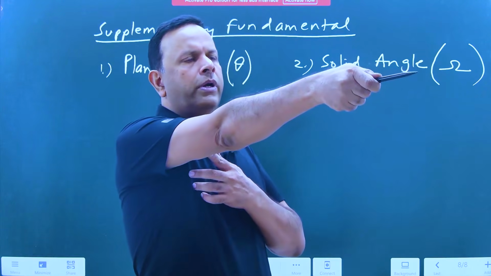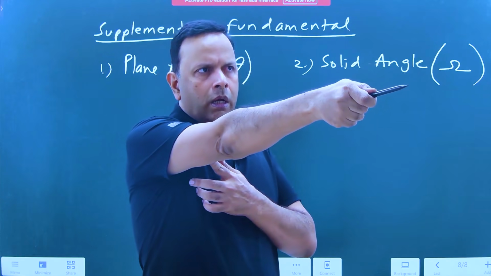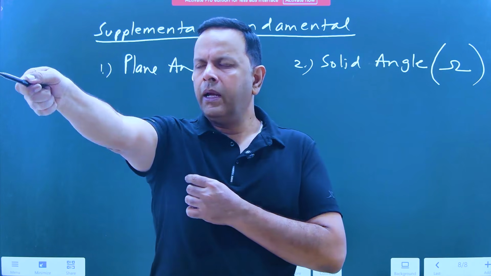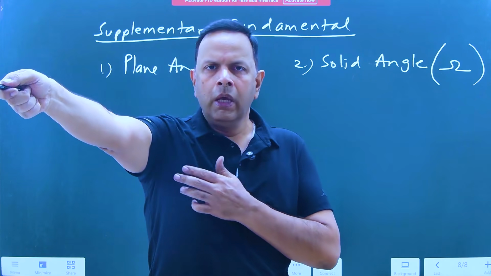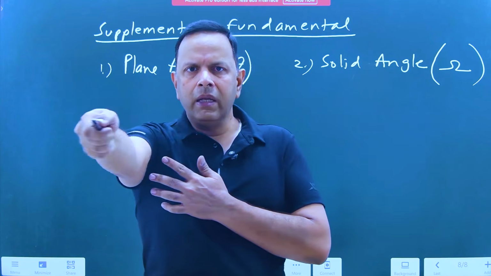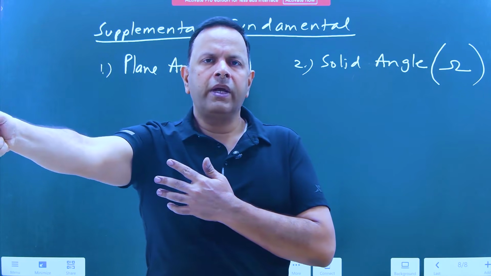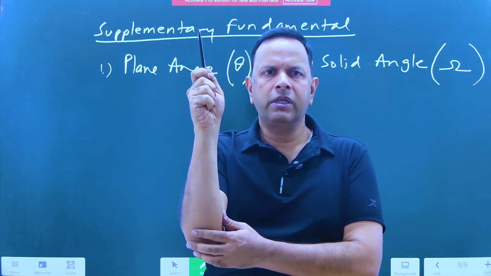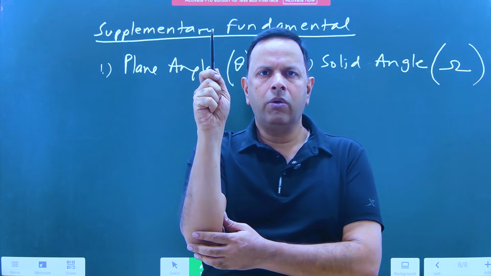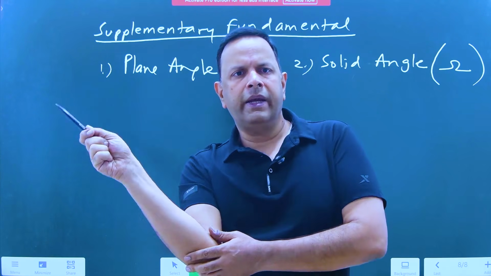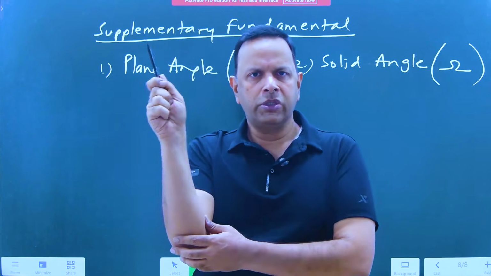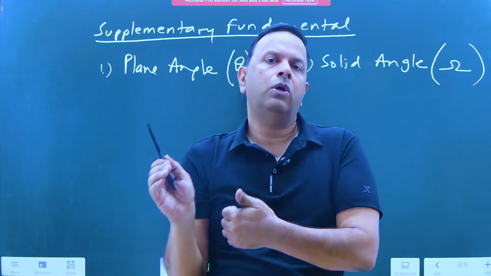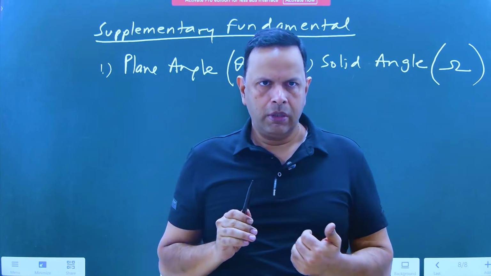Suppose my hand is pointed in one direction right now, I am indicating something in that corner. Now I turn my hand and I am pointing in some other direction. So you can see an angle is involved. If my hand is initially totally vertical and now if I rotate my hand this side, the direction is changing. So a plane angle is the measure of the change in direction.